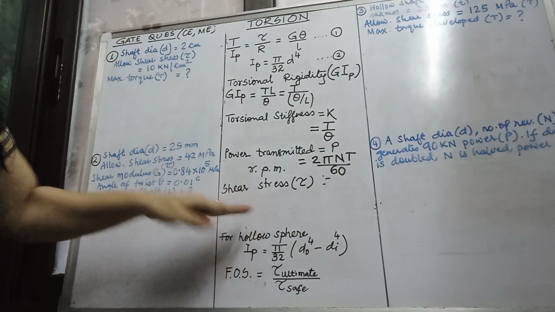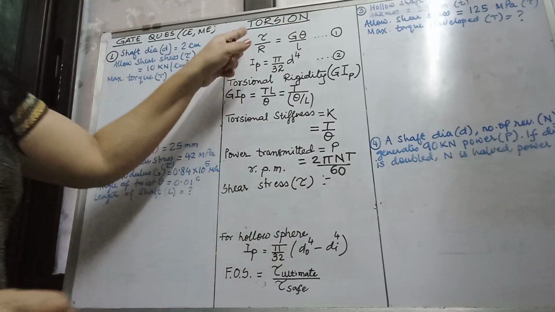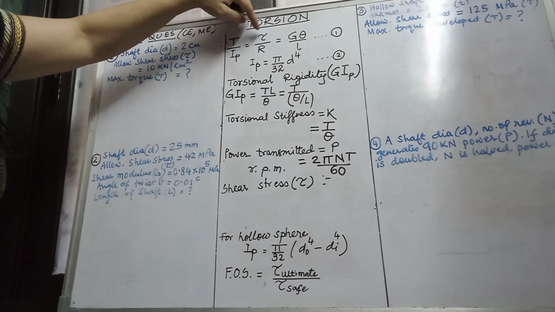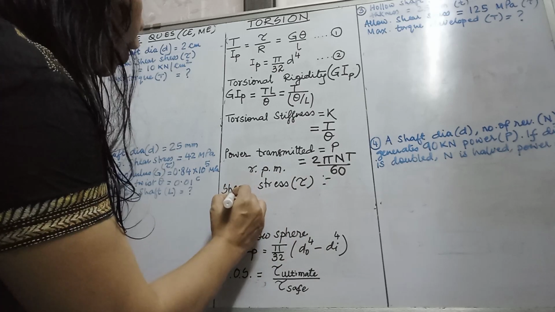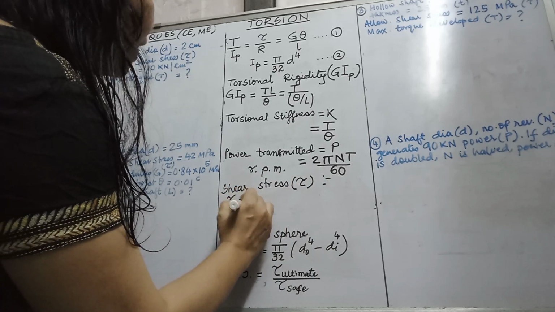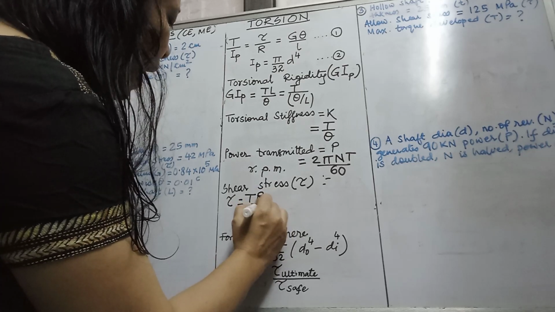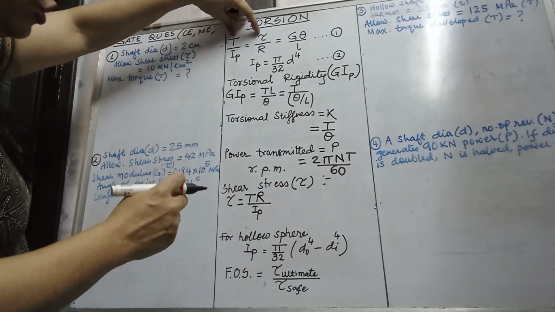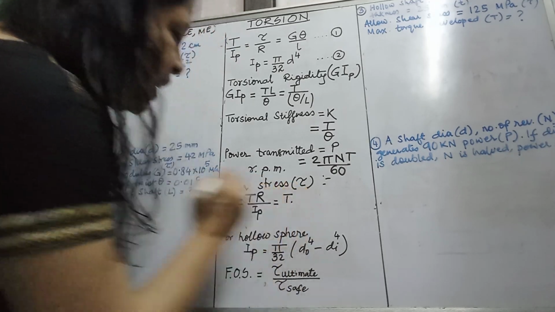Now how can we find an expression for shear stress, tau, from here? Taking 1 and 2, can you tell me the expression for tau? Tau will be T R by IP, right?